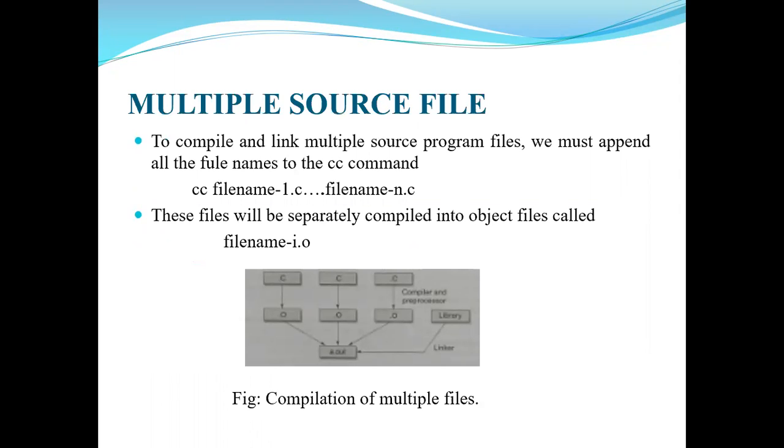Okay, the next one, you can also create your own executable files. Let us talk about multiple source files. To compile and link multiple source program files, we must append all the file names to the CC command.